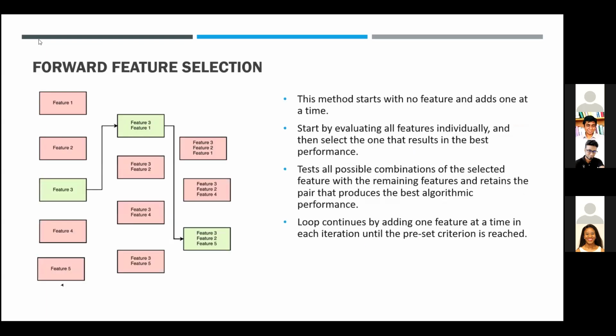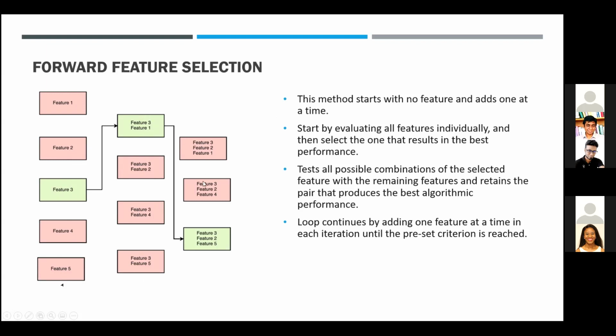So just to take a deeper look at forward feature selection: this method starts with no features and adds one at a time. For the 5 feature system, it evaluates all 5 features and selects the one with the best performance, which in this case would be feature 3. Then it evaluates feature 3 in combination with feature 1, feature 3 in combination with feature 2, with feature 4, and with feature 5. And then it selects the best performing combination.